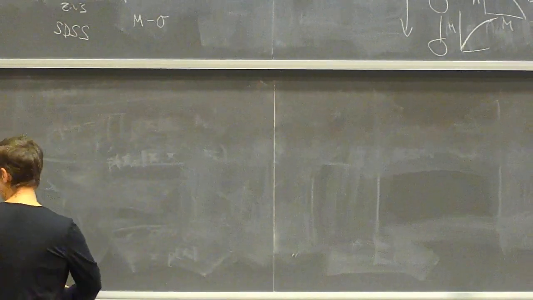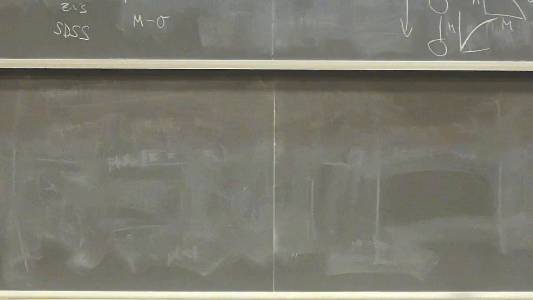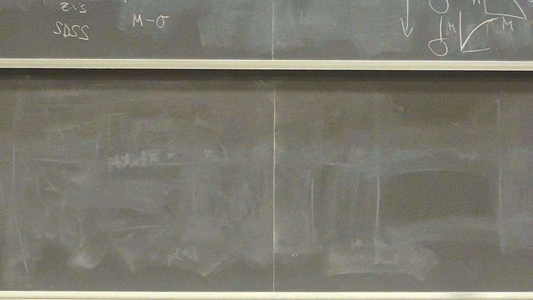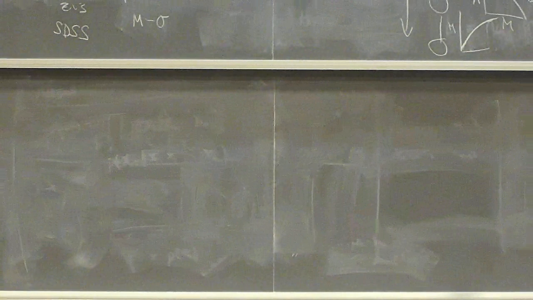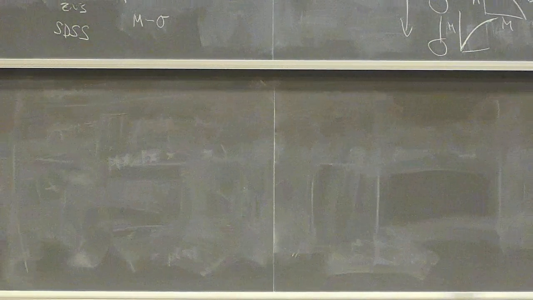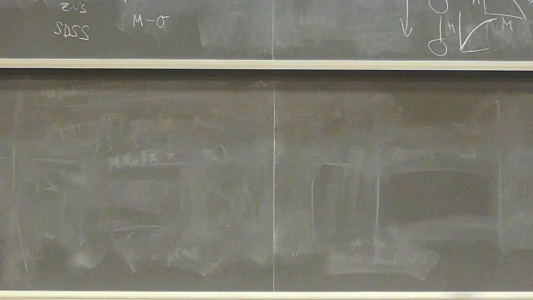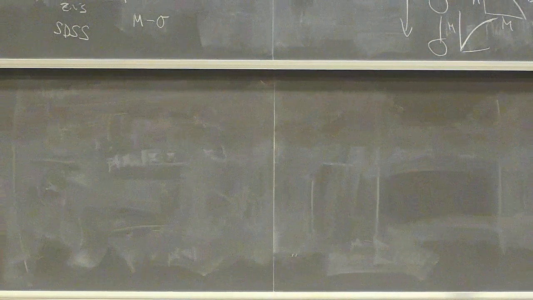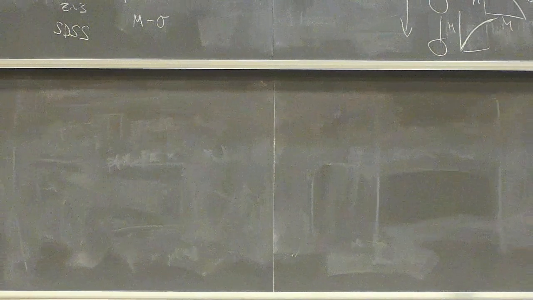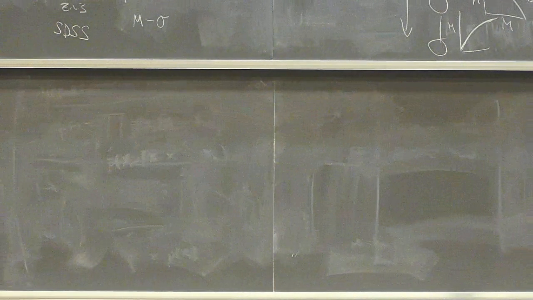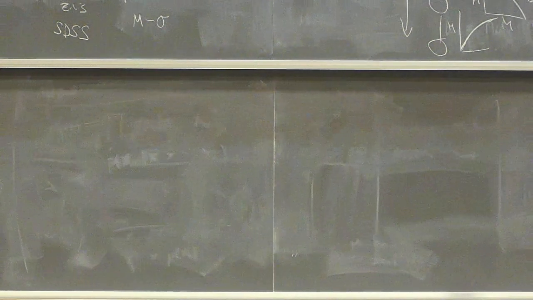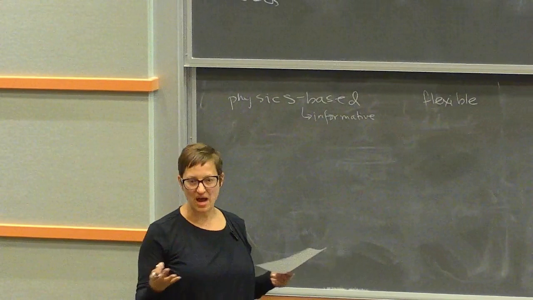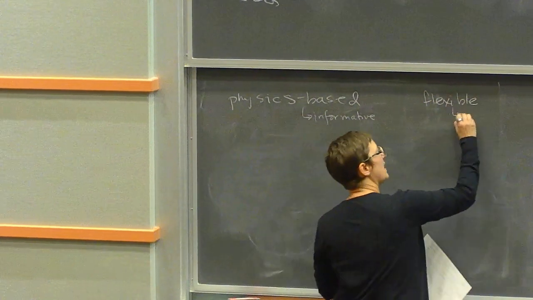So what do we want to try to do with our models of galaxy formation so that they actually meet these data? Ideally, we want models that are fundamentally informed by the basic physics, and we want these models to be informative. But we also want these models to be flexible, so that when we try to fit the models with the data, we get unbiased answers.